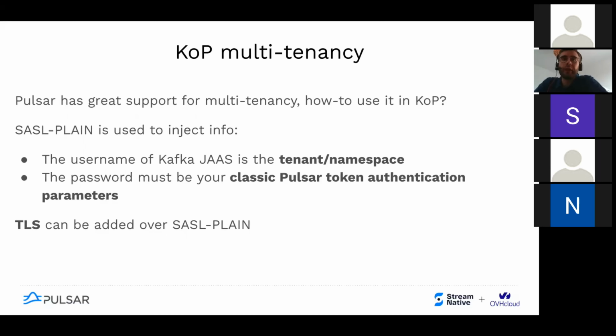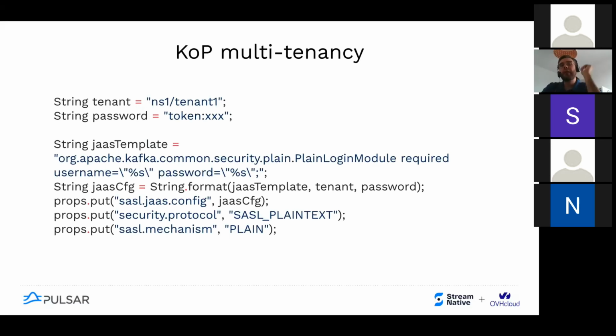The username is the tenant and namespace that you are providing, which allows us to list the topics that you have, and then the password that you are passing is your classical Pulsar token authentication parameter. And because SASL-PLAIN is in plain text, we added TLS support. So you can add TLS over SASL-PLAIN.